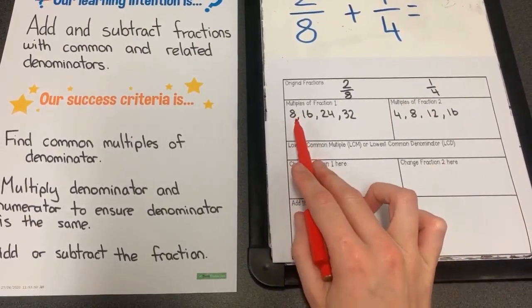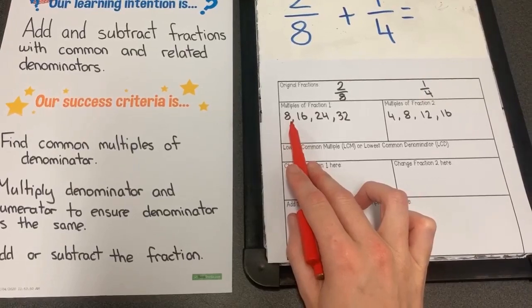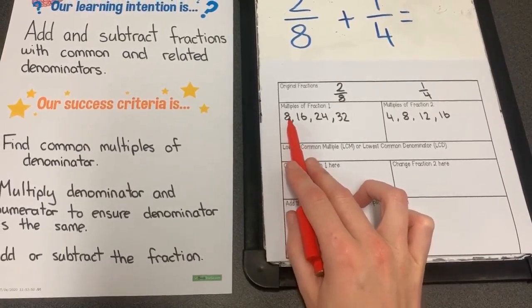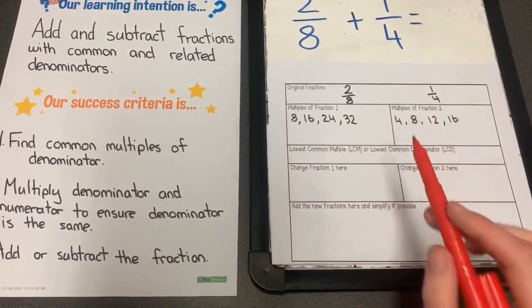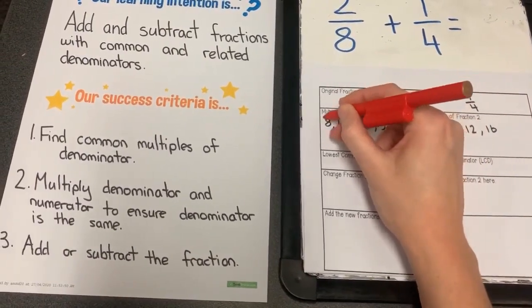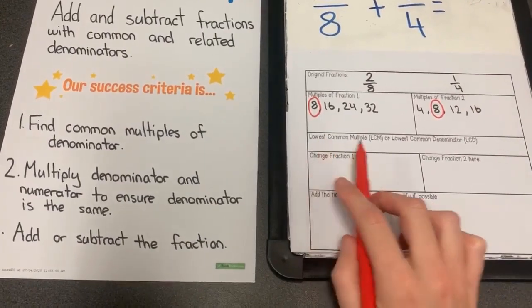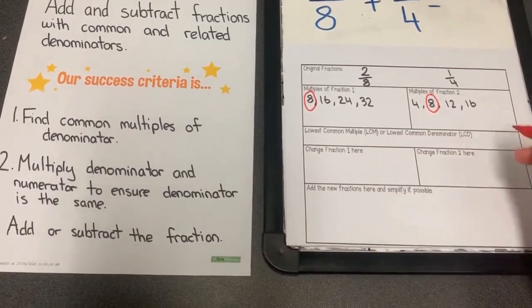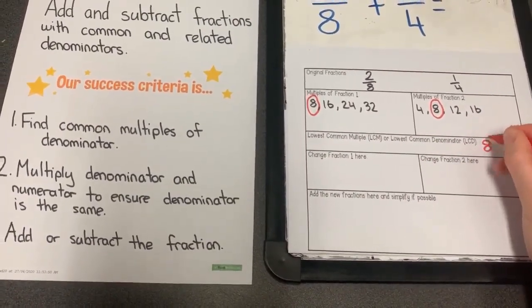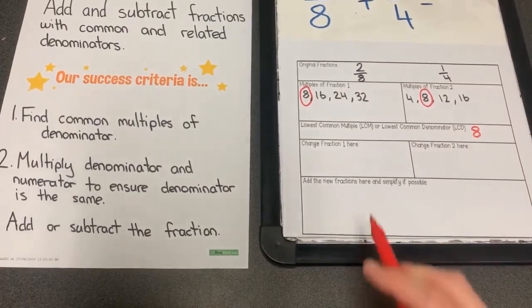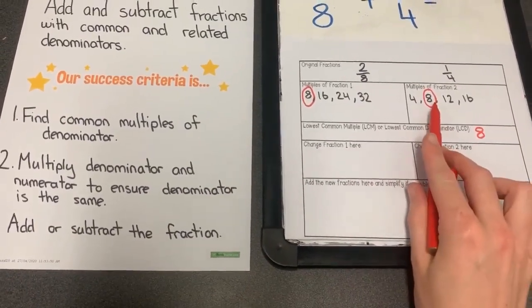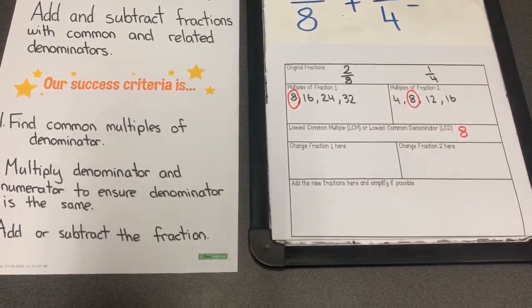Now I can see here that this fraction has 8 and this fraction has 8, so they are a common multiple. Okay, we're going to write the lowest common multiple here, which is 8, which means we're going to have to change the fractions to make sure the denominator is in 8s.